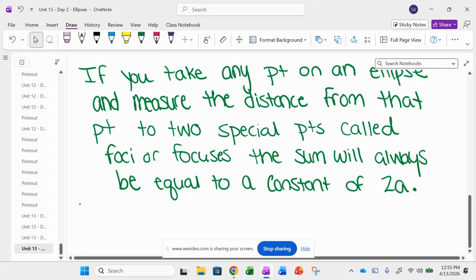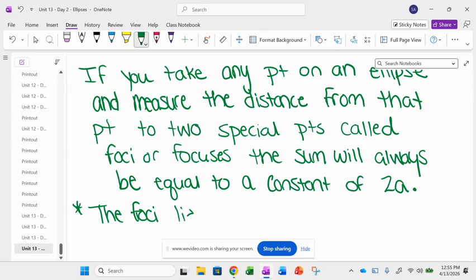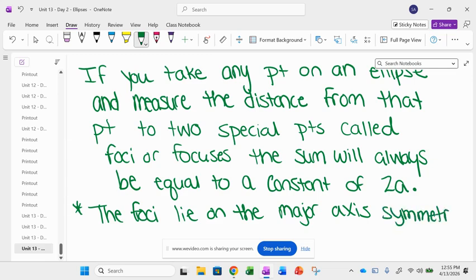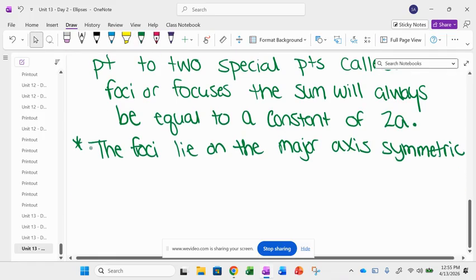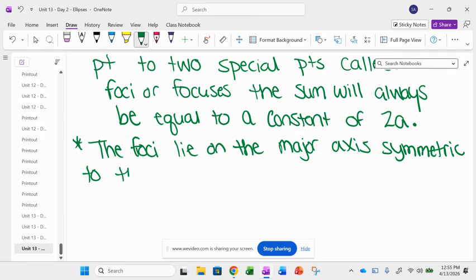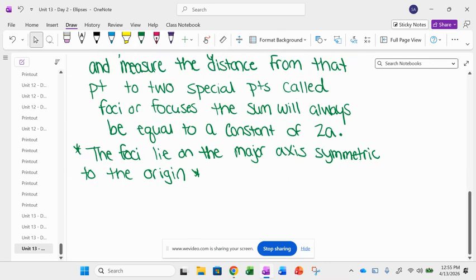Put a little star. We're going to say the foci lie on the major axis symmetric to the origin.